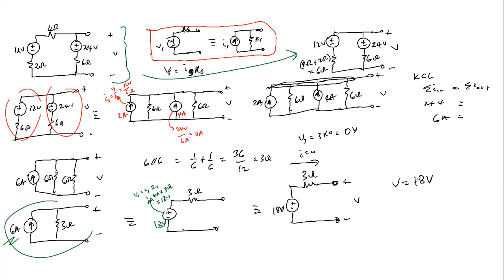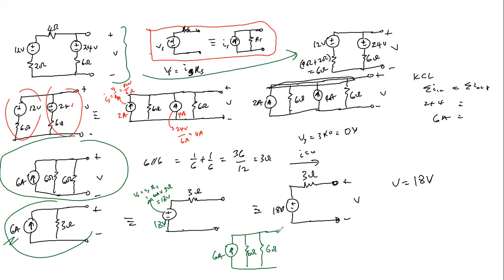And we could actually check this from this circuit. Then we have the 6 ampere, this parallel combination. This is 6 ohms, this is 6 ohms. Fine.